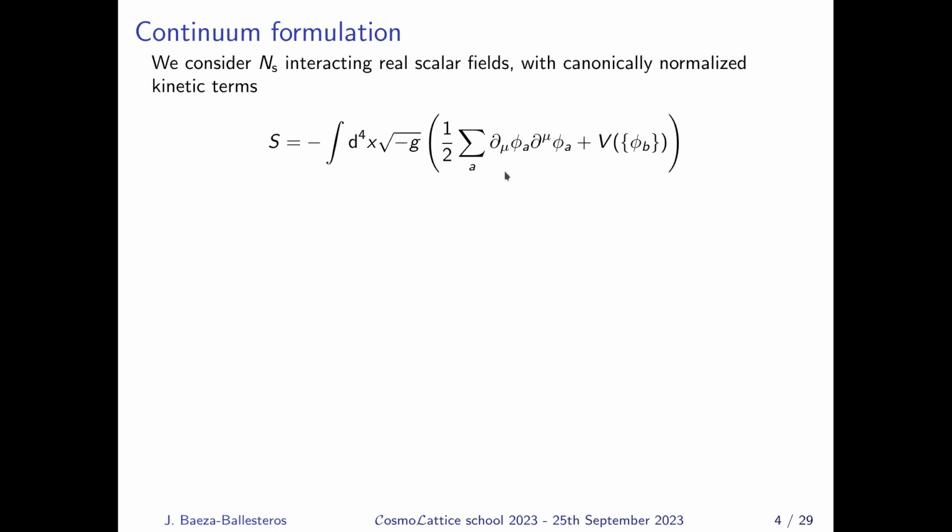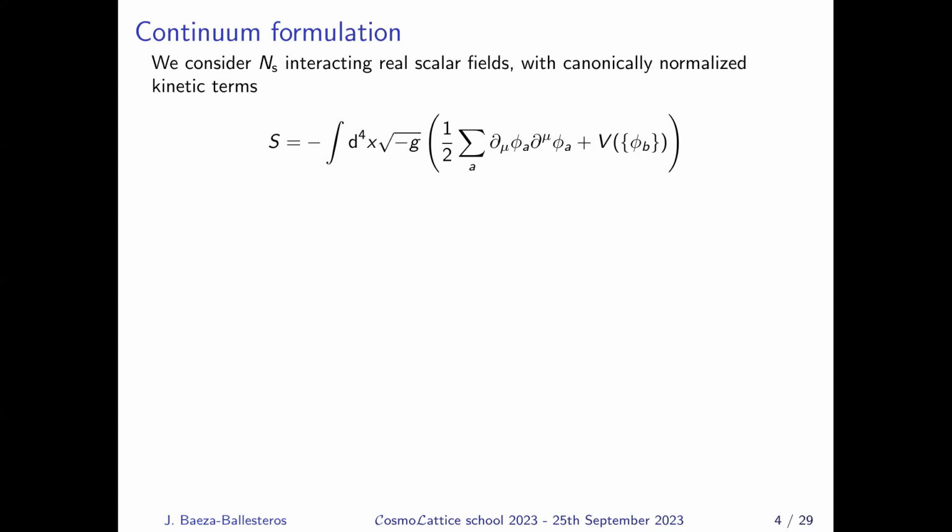Then we have the canonically normalized kinetic term for all the scalar fields appearing. I'm using this A label to label the different scalar fields in the theory. And then we consider a generic potential that can contain any kind of interaction between the different scalar fields.